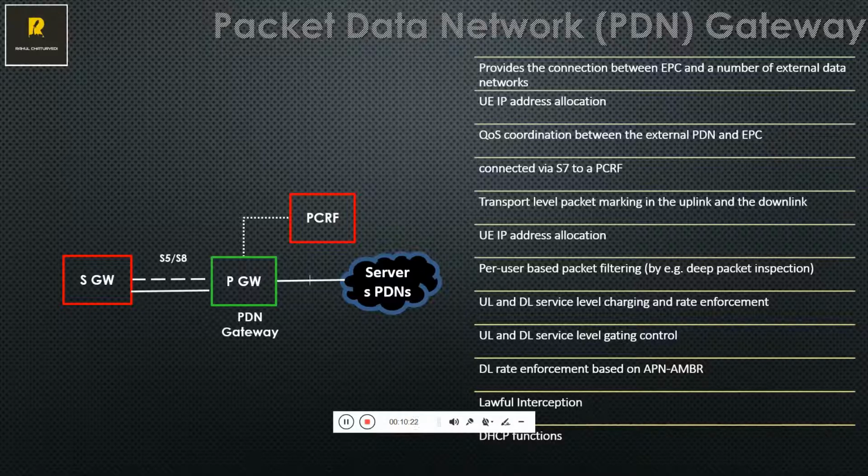Transport level packet marking in the uplink and the downlink. UE IP address allocation. Okay, this point has been just repeated up there. Okay, fine.